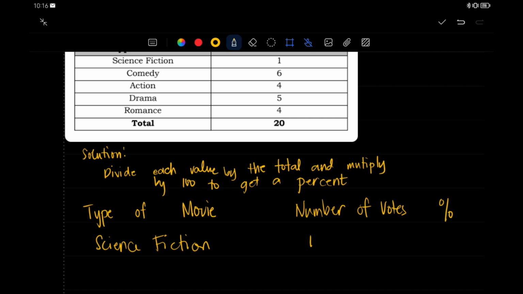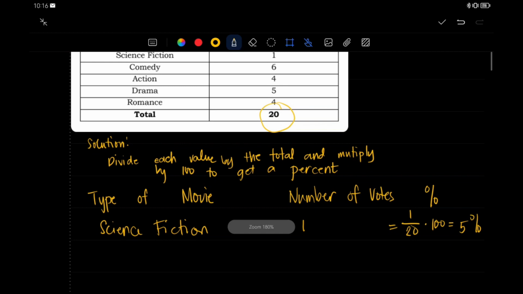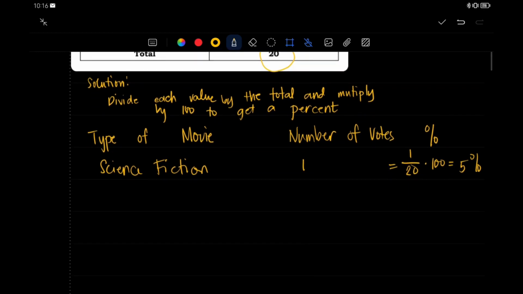So the answer is 1 divided by the total, which is 20, times 100, is equal to 5%. The next one we have here is comedy. Comedy has 6, so 6 divided by 20 times 100 is equal to 30%.